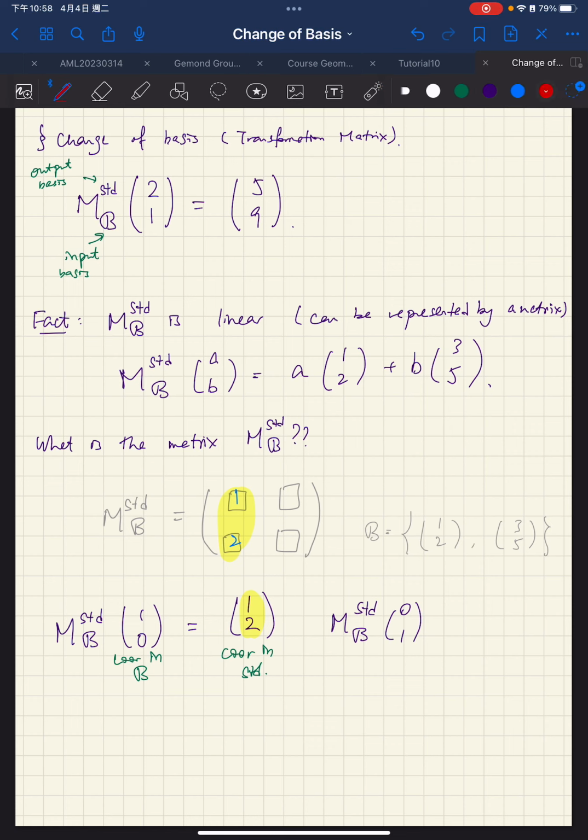It means that you have 0 copy of this and 1 copy of this, right? And hence, in the standard basis, the answer is just 3, 5. And if you remember how to do matrix multiplication, this thing multiplied by 1 will give you the 3, and this thing multiplied by 1 will give you this 5. And hence, you have the 3, 5 on there.